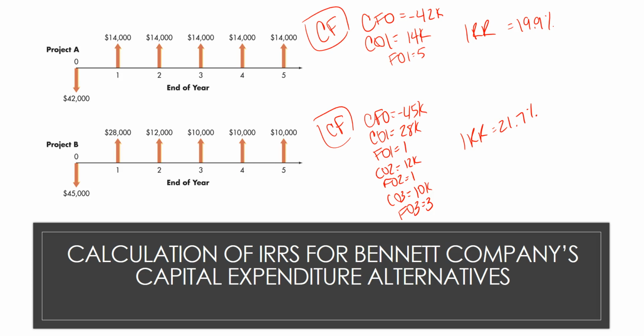However, internal rate of return and net present value will always give you the same accept or reject decision. So if net present value says that it's an adequate project, that the net present value is greater than 0, the internal rate of return is going to be greater than the weighted average cost of capital. So they're always going to tell you yes or no correctly, but the ranking of the projects is where we sometimes get into trouble with the internal rate of return approach.